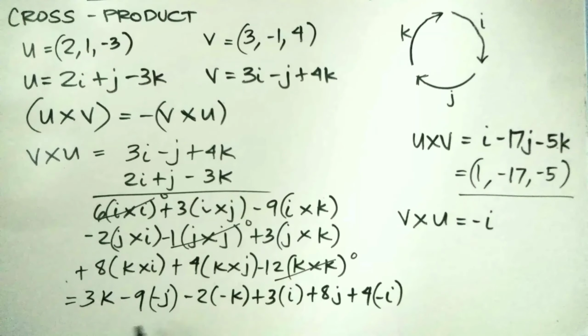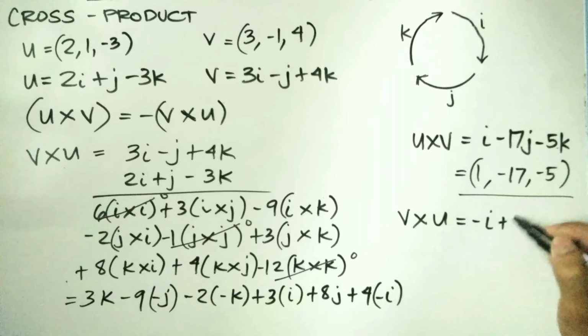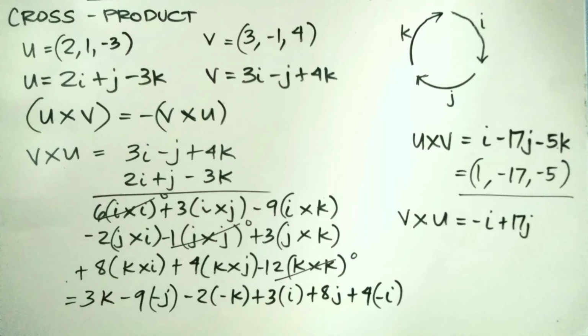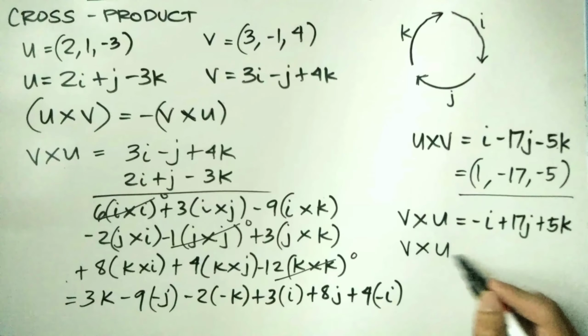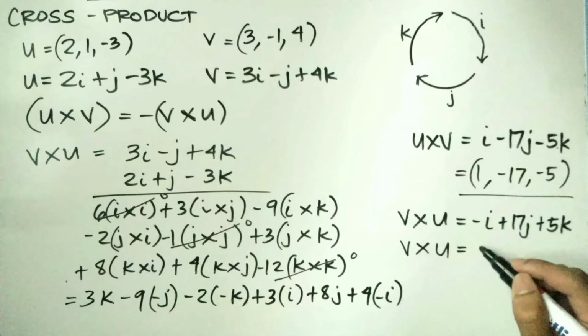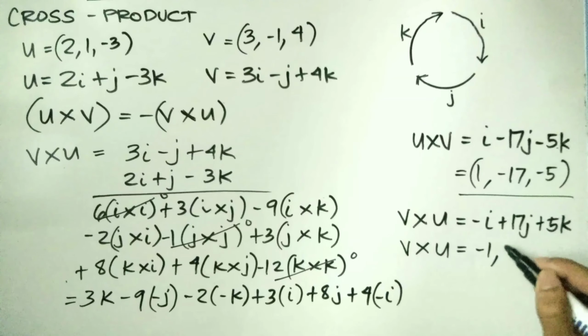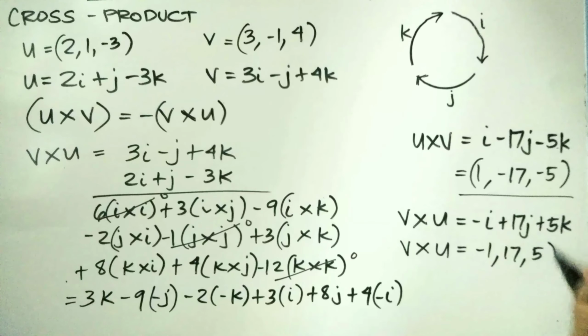For j, that would be positive 9 plus 8, that would be positive 17j. For k, that would be 3 plus 2, or that would be equal to positive 5k. So v cross u is equal to negative 1, positive 17, and positive 5.